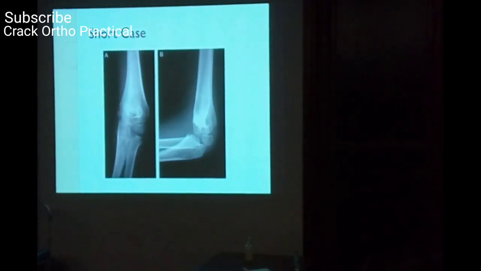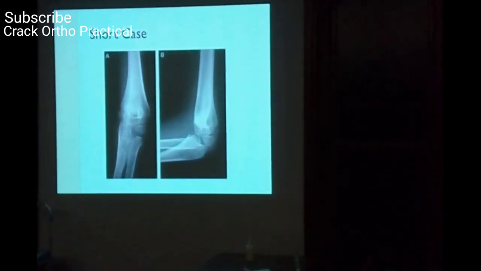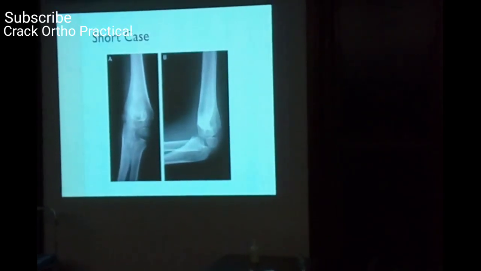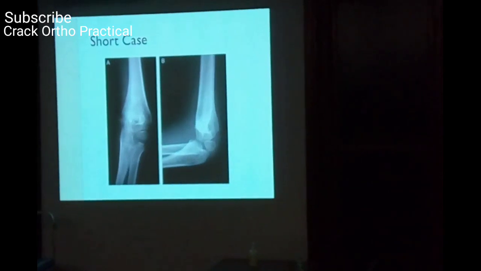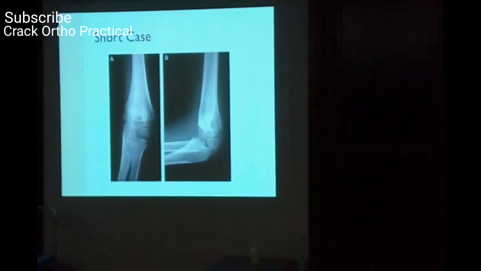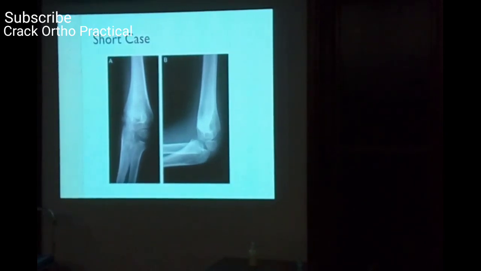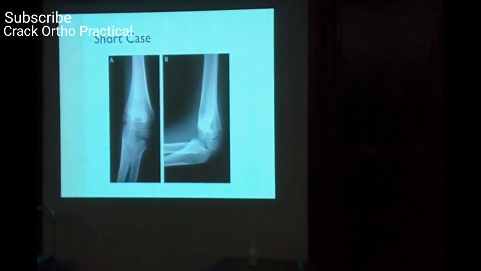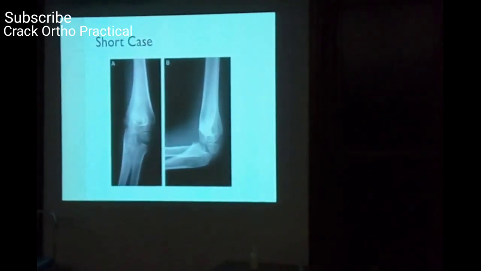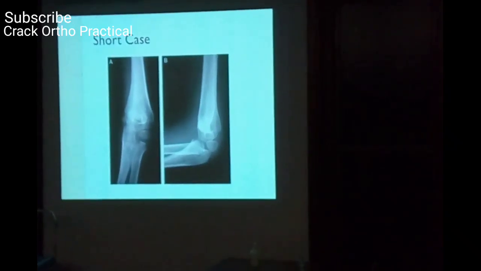Probably extension deformity. Both lateral and AP, so sagittal deformity, coronal deformity, and they are the same things which you mentioned in your clinical examination: winding, thickening. There is thickening of the anterior cortex that can be seen.